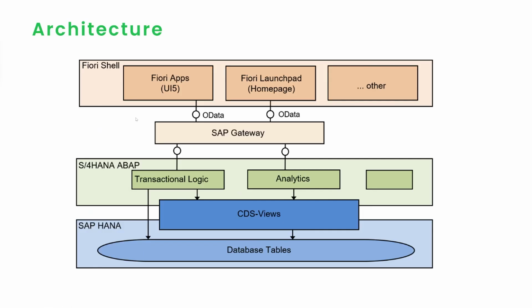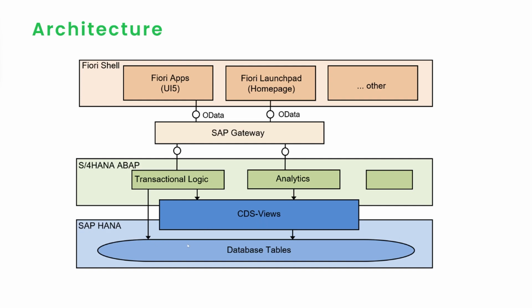In this architecture, you can see the SAP database table. Based on the table, you can create a CDS view, and that is the basic thing. Whatever you do, the CDS view is mandatory, or if you don't go for the CDS view, then you can use the function module in the ABAP layer, and then you can get the data.